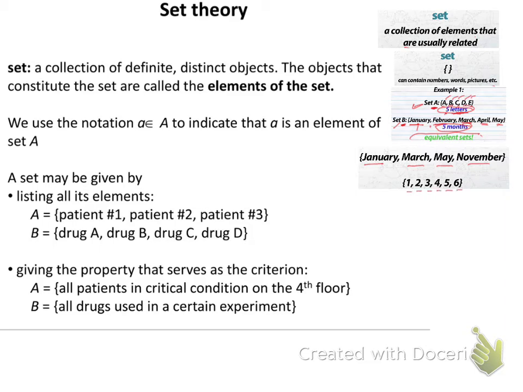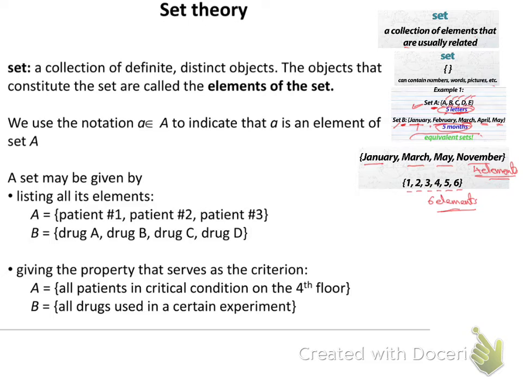So we cannot say these sets are equivalent, because here we have 6 elements and here only 4. So they are not equivalent, and of course they are not equal, because equal means they must have exactly the same elements and the same number. The only difference could be the arrangement, the order of the elements within the brackets.